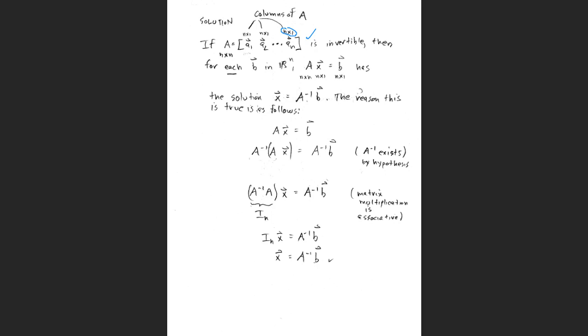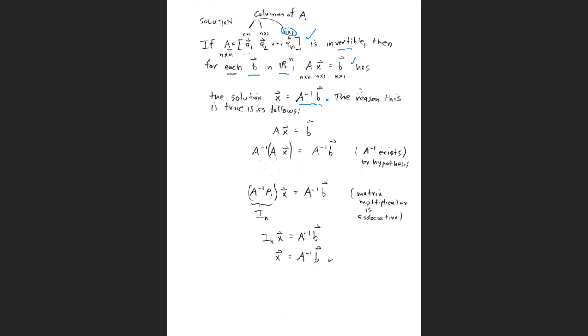If that matrix A is invertible, then for every vector B in n-dimensional space, the system of equations AX equals B has a solution, X equals A inverse times B. That's absolutely true. Our goal is to relate the span of the column vectors of A.